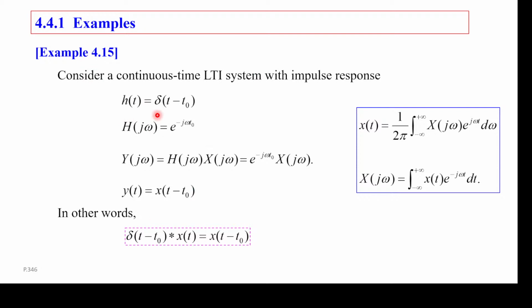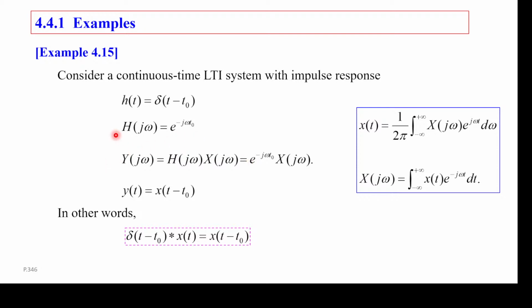So we have the impulse response, and we want to see what the system function is, so what's the Fourier transform of this h of t. That's e to the minus j omega t0. I think we have done this before. You put t minus t0 here, and you will get e to the minus j omega t0.